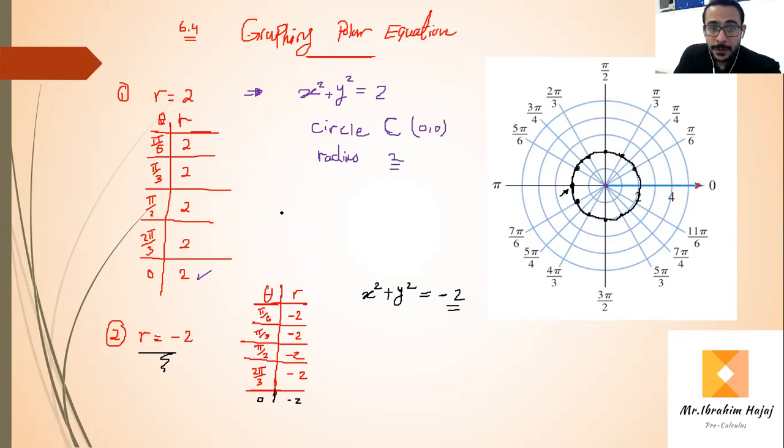This is the first example, example number 1, consisting of two parts, A and B, when r is positive or r is negative. Same circle, but a different starting point: when r equals 2, it starts from here; when r equals -2, the starting point is (0, -2), from here.